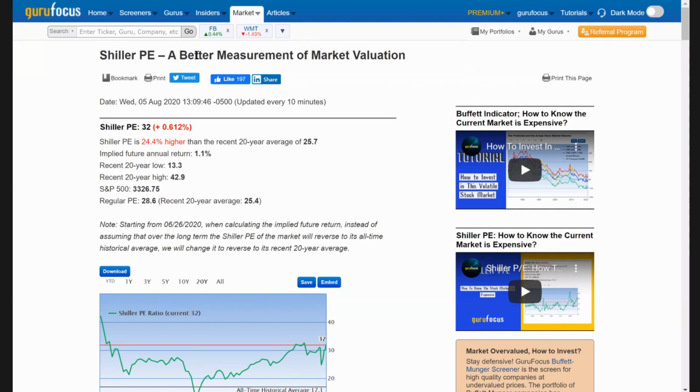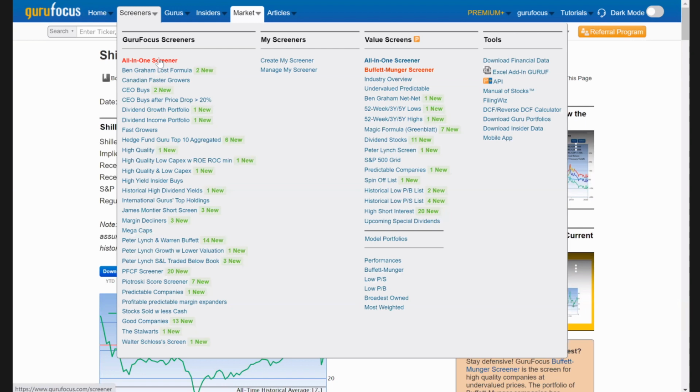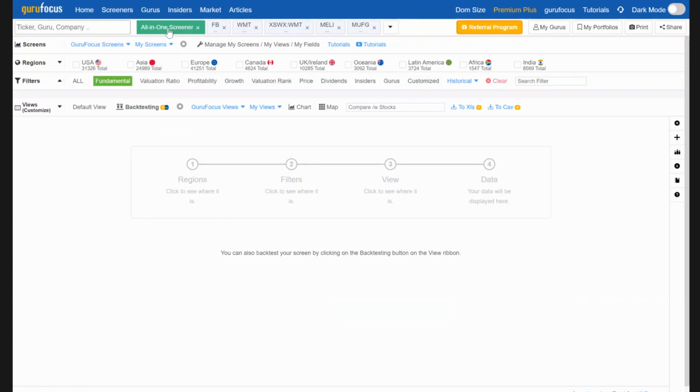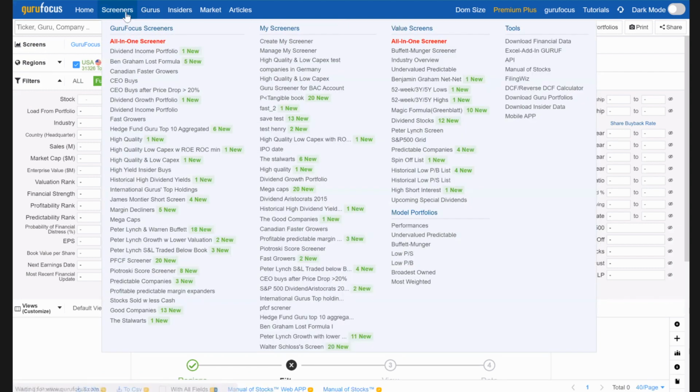Okay, now let's come to the individual stocks. One thing I want to share. Under this Screeners menu, we can see how many new stocks we added lately within each portfolio. Within each screen, these are the GuruFocus screens, and this one has 4 new.